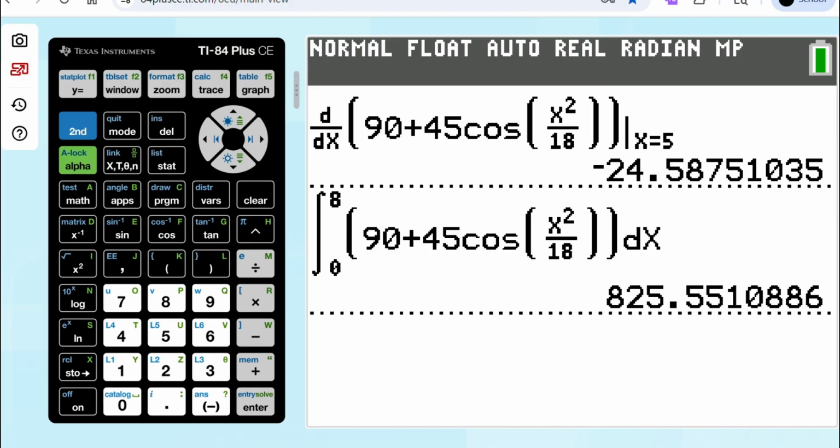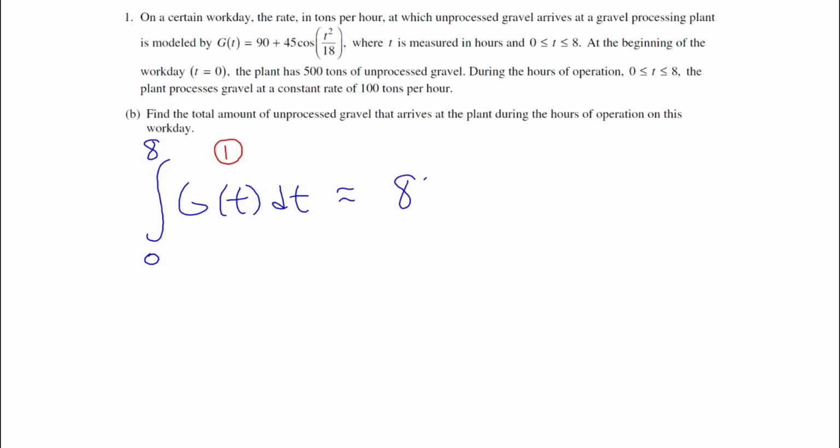We integrate it, and it tells us it's 825.551. And that's tons of gravel. And there's our second point there, just for getting the right value from our calculator.